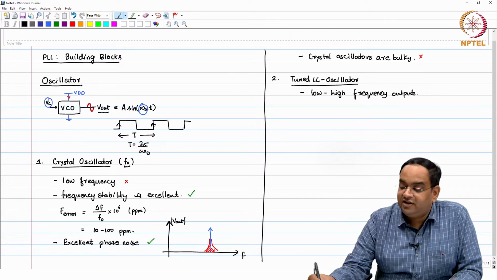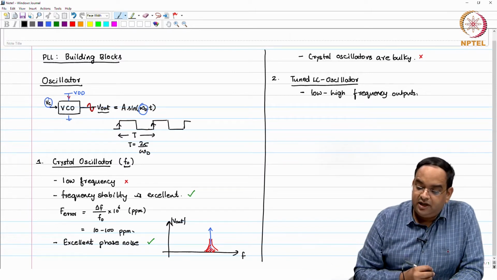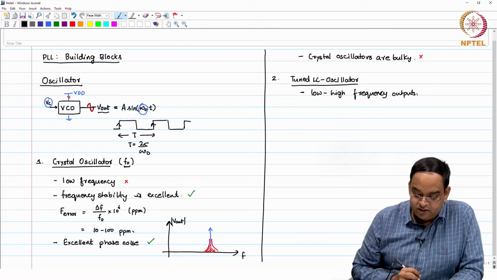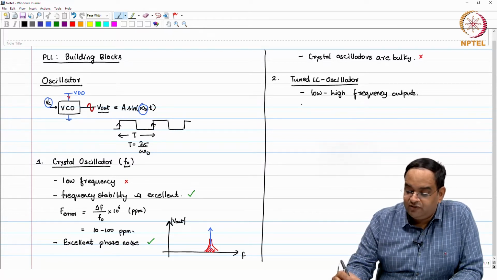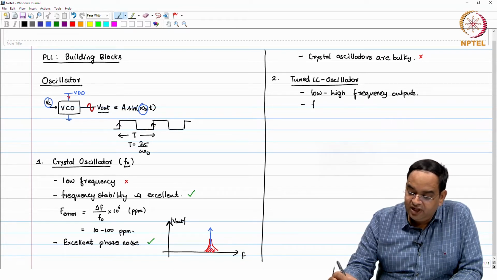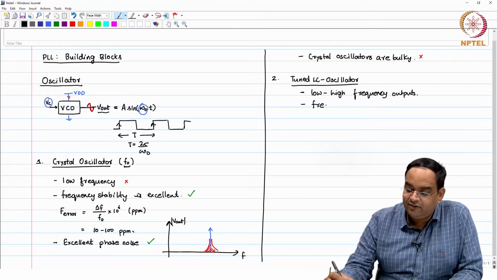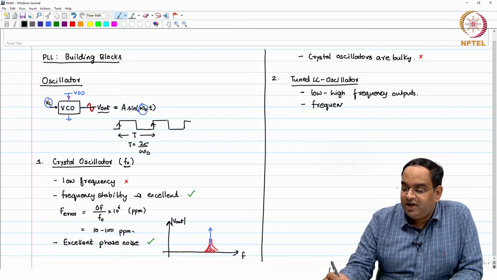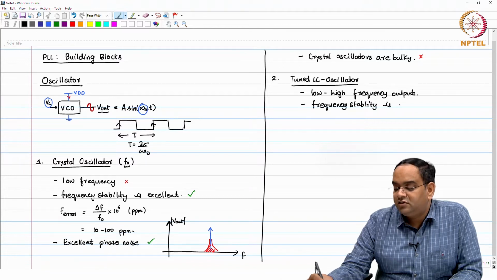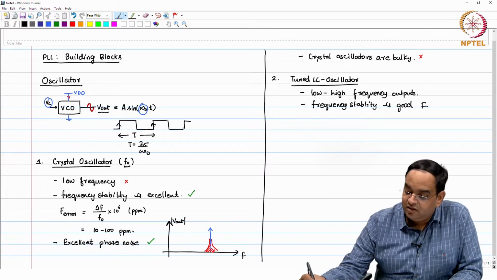provided you are ready to sacrifice the area for the inductors, but that area is not as large as the area for the crystal oscillator unless you go to a very low frequency. The other thing is frequency stability is not excellent, I would say, but frequency stability is good. So, it is going to vary, there is no doubt about it. So, your frequency error will actually be large.